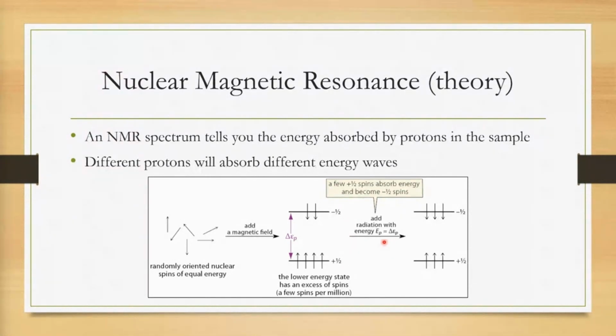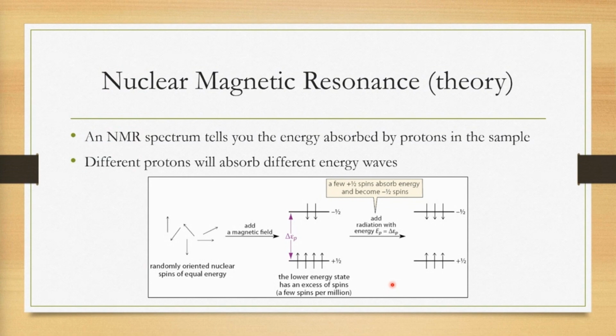And then when you add radiation in the radio wave frequency, nuclei that are at the lower energy state, so the +1/2, can then absorb that energy to be at the -1/2. And so an NMR spectrum will tell you the energy that's absorbed by protons or by nuclei in the sample, and different nuclei that are in different bonding patterns in different chemical environments will absorb different energy waves.